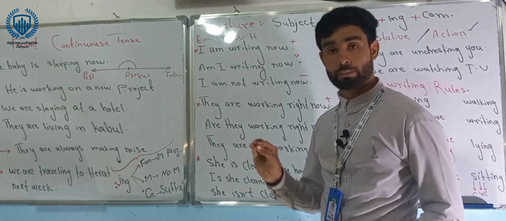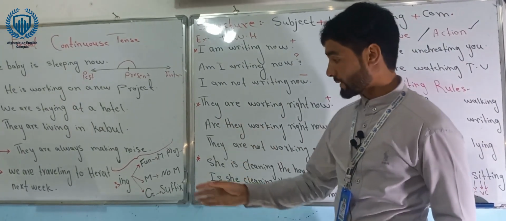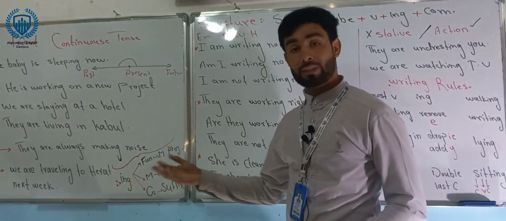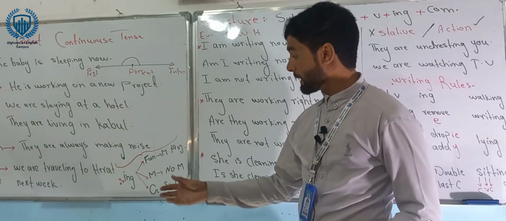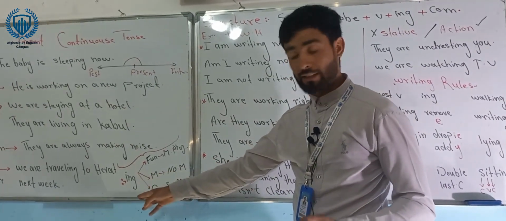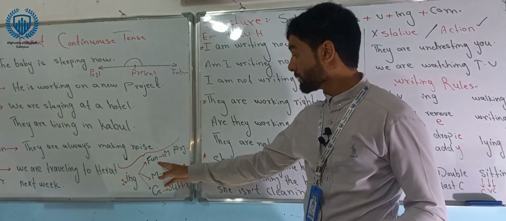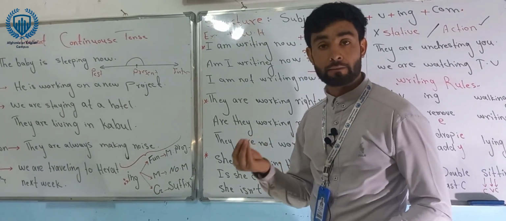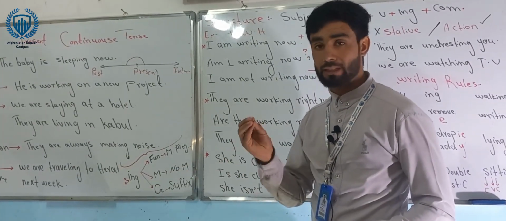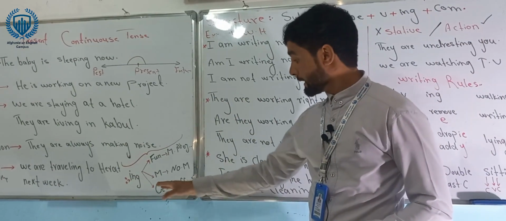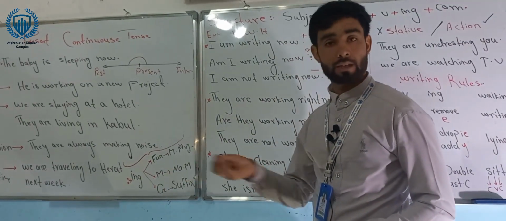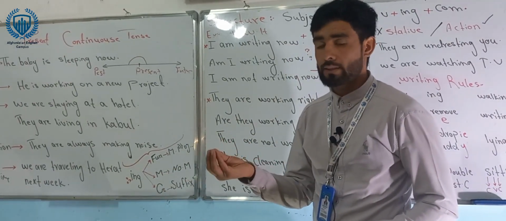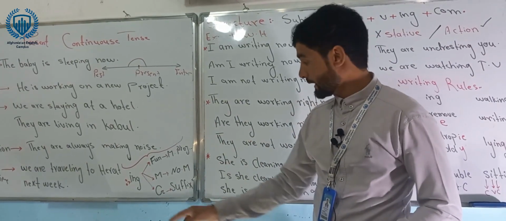The ing form of the verb is used with continuous tenses. So what does ing mean? The function of ing is to make a verb continuous. And the meaning: ing has no meaning.